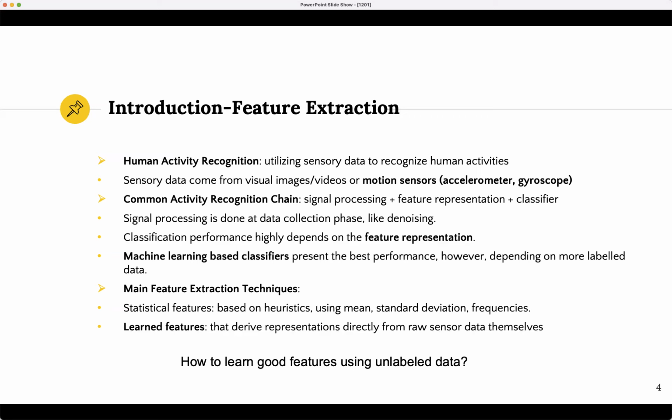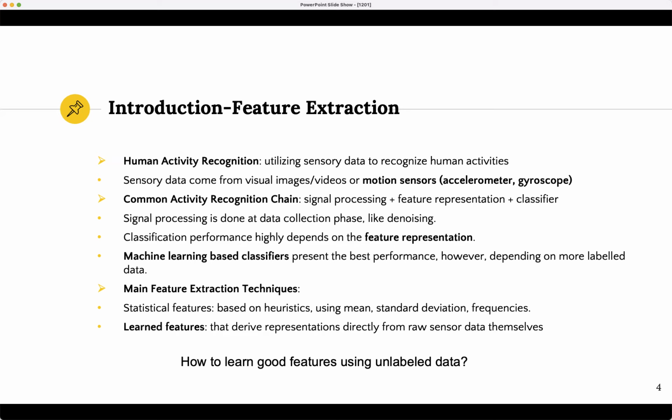So if we are using public data sets, like UCI HAR, we should not care very much about this part. The classification performance will highly depend on the feature representation. I will give you more details about this part in the following presentation.